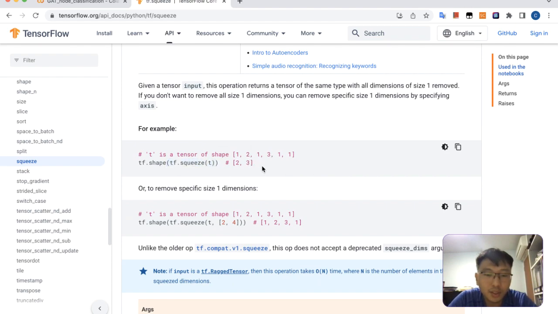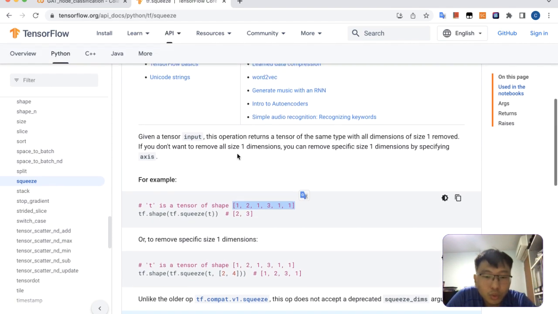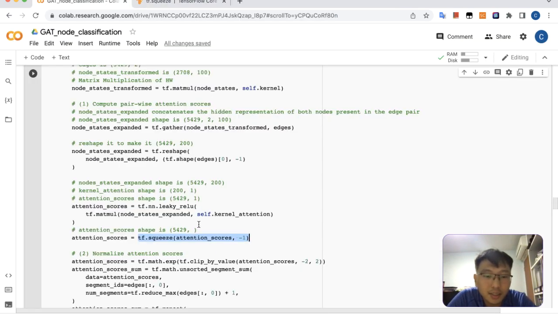So if we squeeze this, like over here, 2 3, okay, that's weird. I mean, all the size 1 will be removed. So in this case, this size 1 should be removed.